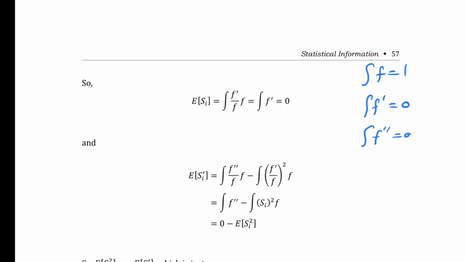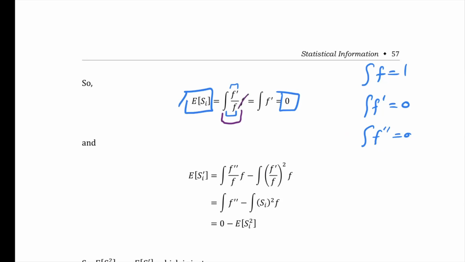Now, we proved a couple of classes ago that the expected value of the score function was 0. This is how this looks in the shorthand notation. Here's the derivative. This is the score function. This f of x, this outer part, is the actual expectation taking. And we proved that this thing was 0.